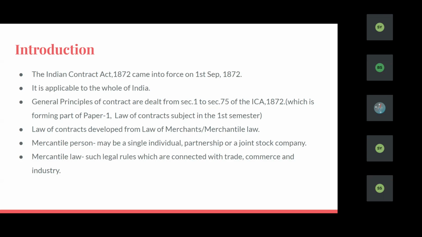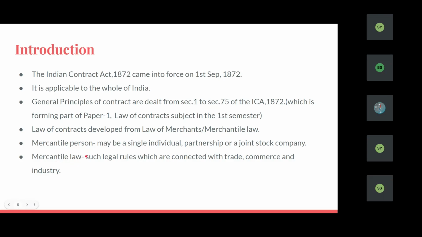Some of the goods got damaged, and the retailer is supposed to claim damages or compensation from him. So how will he do that? This mercantile law, which existed long before the law of contracts, governed the conduct. The retailer will get his damages from the merchant with the help of mercantile law.